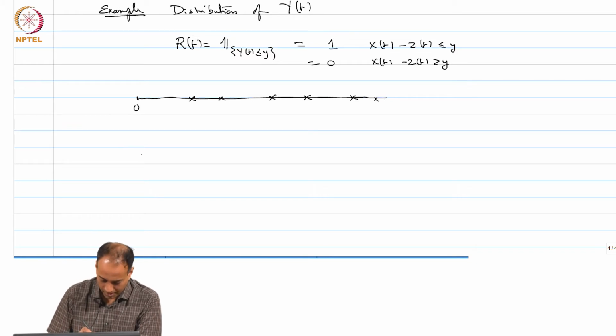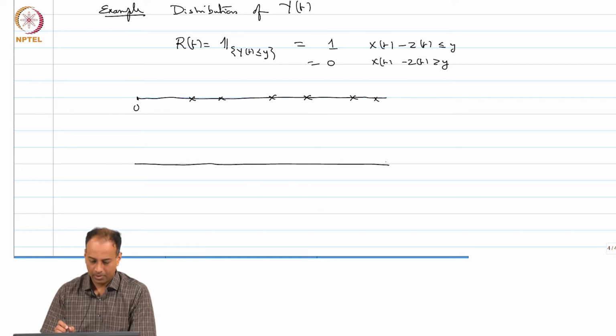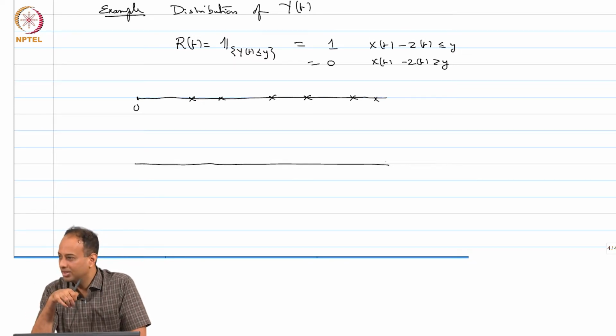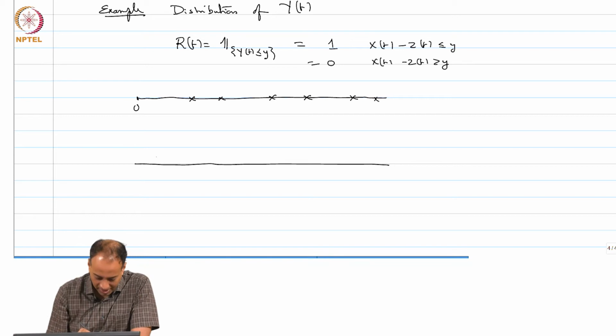Now, my reward function r of t will be 1 whenever the residual life, the time to the next renewal, is less than or equal to little y. So, at each time t, I ask: is my time to the next renewal less than or equal to y? If it is not, I will give 0 reward.